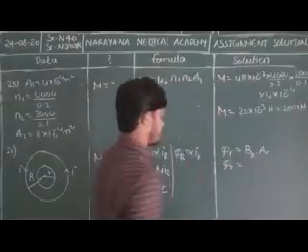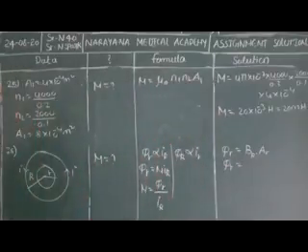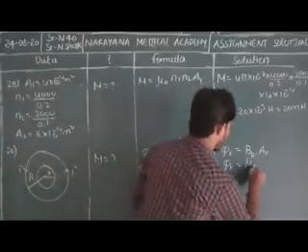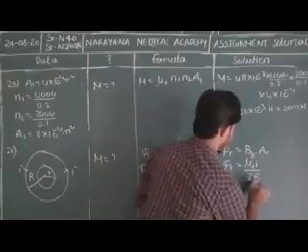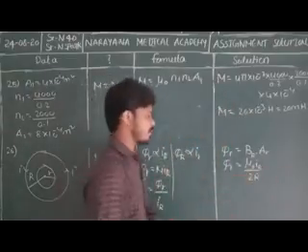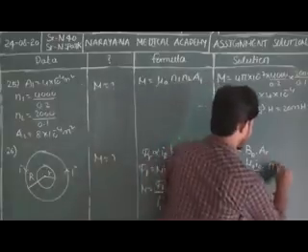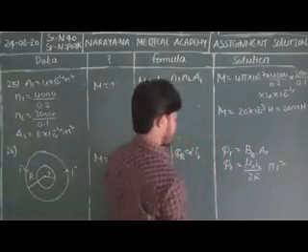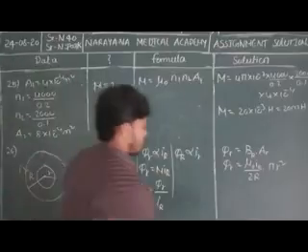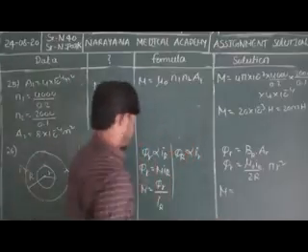So we have a formula: flux linked with smaller coil is directly proportional to current flowing through bigger coil. Otherwise, flux linked with bigger coil is directly proportional to current flowing through smaller coil. I am taking current flowing through bigger coil.